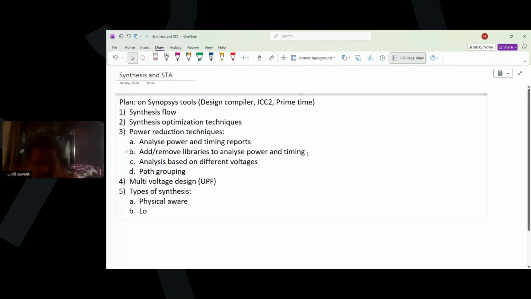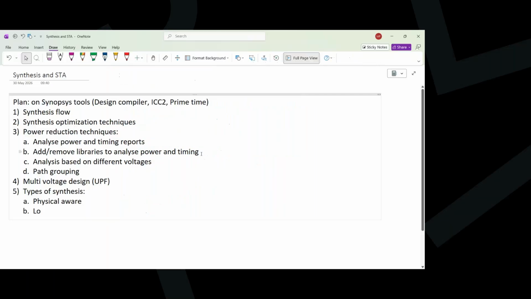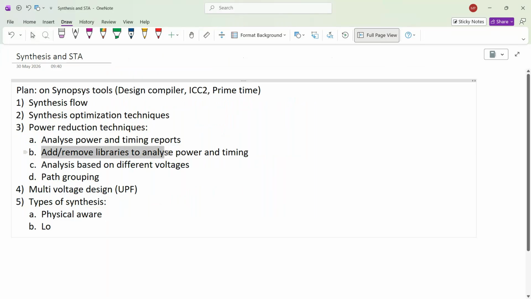And then we are going to practically change those files, for example just giving LVT and checking, just giving HVT and checking. Here we are going to add or remove certain libraries, provide a particular format of libraries, and then see timing and power and analyze it, if we are only giving LVTs.